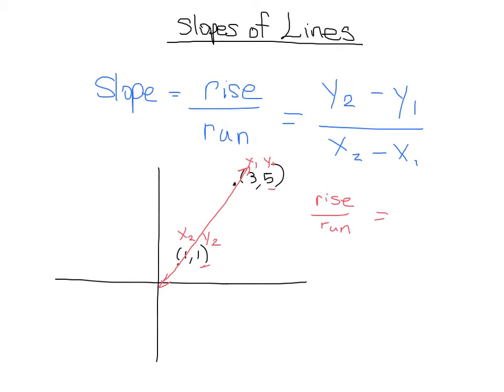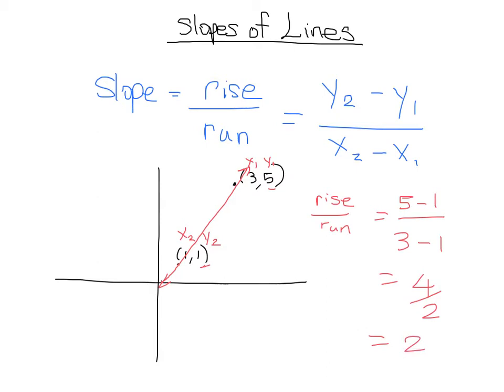So it's rising 4. And how much is it running from here over to here? So from 1 over to 3, it's running. And so in order to figure out how much it's running, we can do 3 minus 1. So the slope of this line, therefore, is 4 over 2, which can then be simplified to 2.